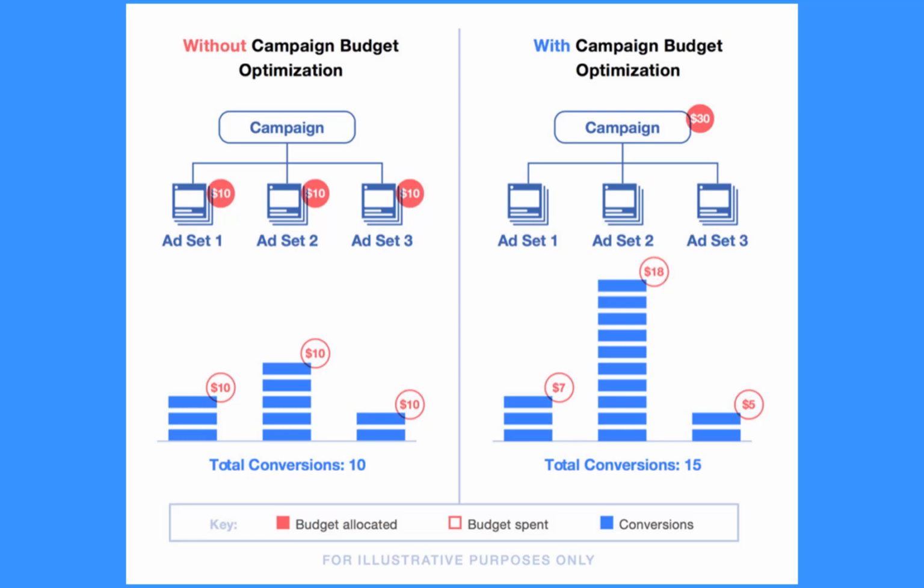So can you see the difference now? At the end of the day, total conversion for ABO, if you are spending $30, is 10 conversions. But if you are spending $30 using CBO, this is 15. So I need to explain this in a way you can understand before we delve into the Facebook Ads Manager.